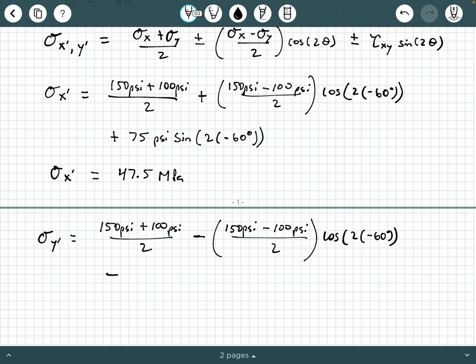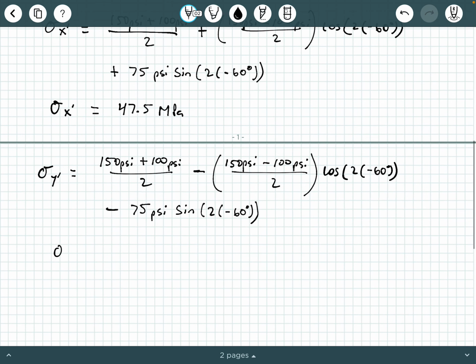And then here we have the minus sign. Again, we're looking at sigma y prime, so that's going to be minus 75 psi times the sine of 2 times negative 60 degrees.